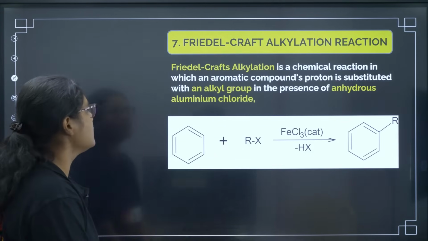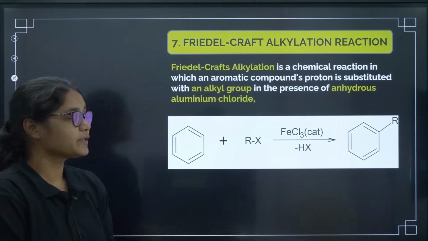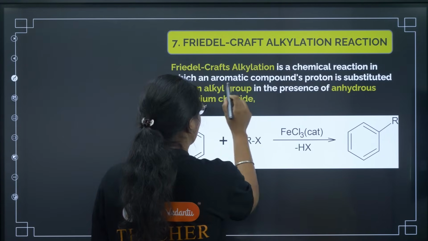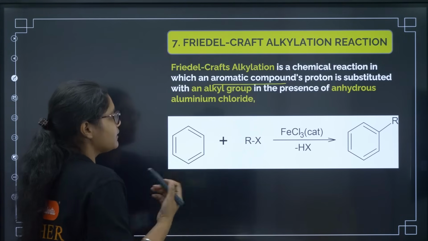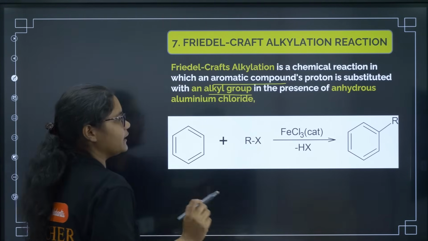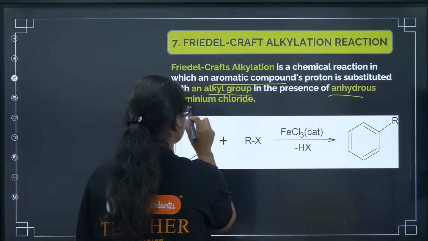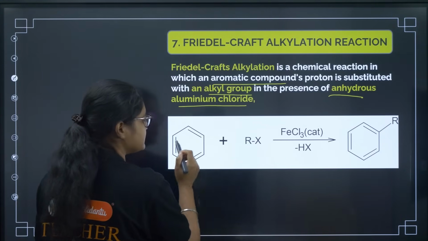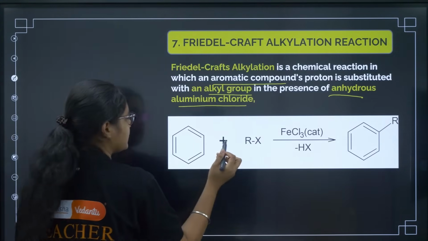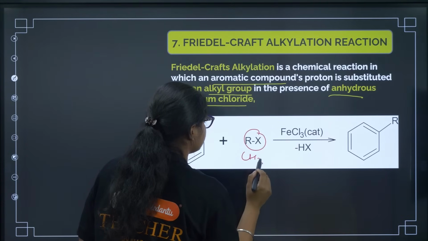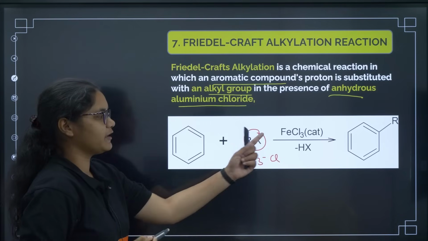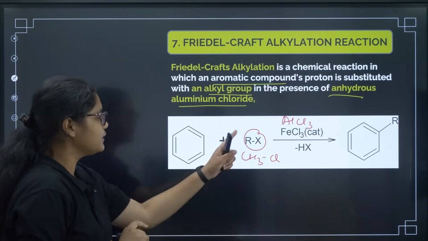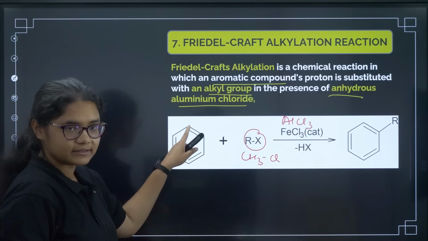Now coming to the next one, Friedel-Crafts alkylation reaction. This is also a very common reaction. What is the reactant here? Aromatic compounds are the reactant. Then what is the product? Alkyl group getting attached. What is the reagent? In presence of anhydrous aluminium chloride. You can see here, if you have a benzene ring and you take any RX, for example CH3Cl, in presence of FeCl3, or you can also take AlCl3, any Lewis acid, then this CH3 will get attached on this carbon.